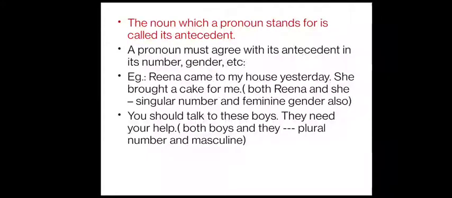Now let us see the second example. You should talk to these boys. They need your help. So both boys and they are examples of antecedent, and they belong to which number? They belong to plural number and they are of masculine gender.